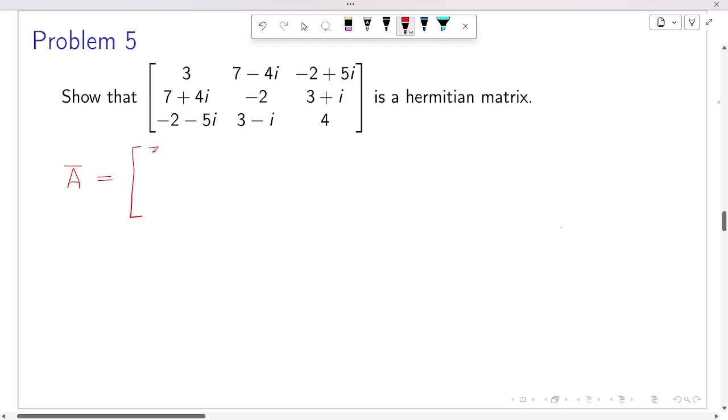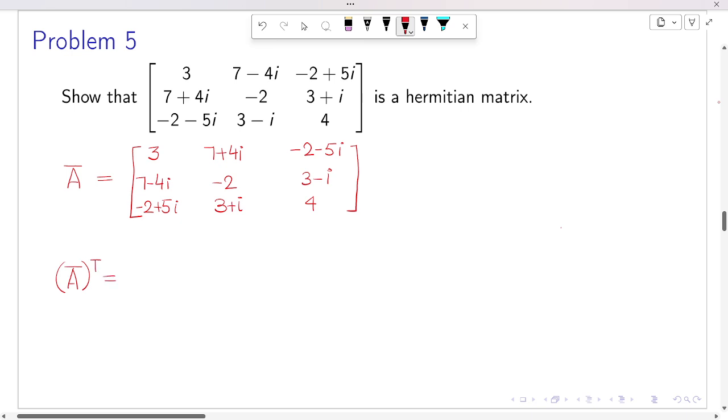A conjugate is 3, 7 plus 4 iota, minus 2 minus 5 iota, 7 minus 4 iota, minus 2, 3 minus iota, minus 2 plus 5 iota, 3 plus iota, and 4. And let us now transpose this matrix.